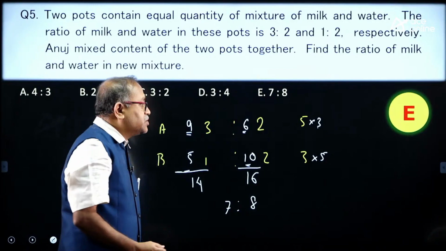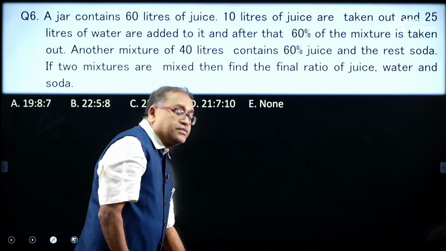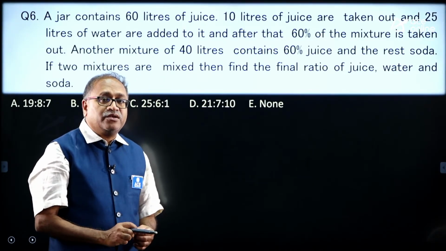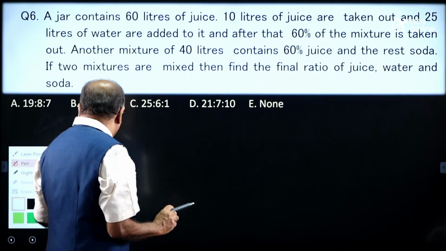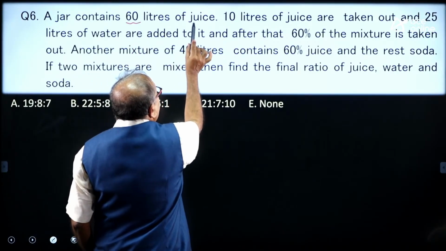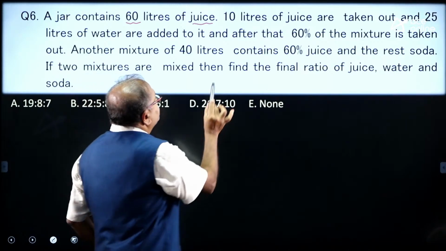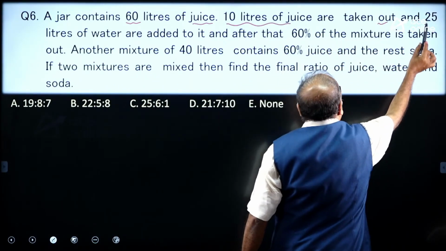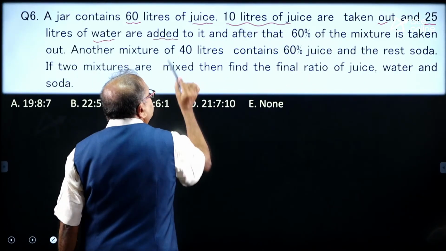Moving on to the next question, my dear friends, and that is here. It is a beautiful question. 2 years back it was a question in the SBI clerical exam. Look at this. A jar contains 60 liters of juice. 10 liters of juice is taken out and 25 liters of water are added.